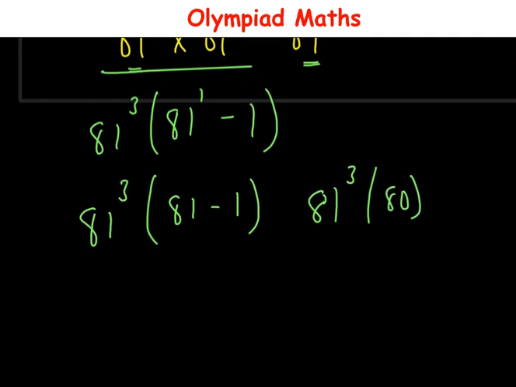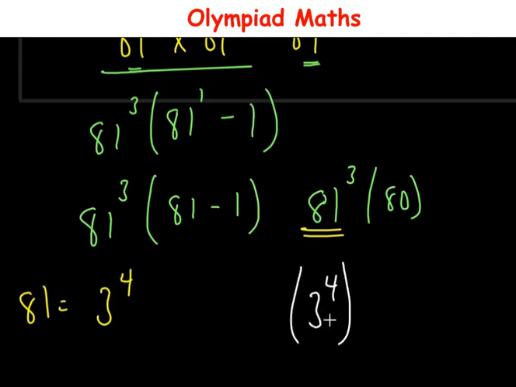Now the next thing is to simplify the value of 81 raised to power 3. We can rewrite 81 as 3 raised to power 4. So in place of 81, we bring in 3 raised to power 4, all raised to power 3, multiplied by 80.